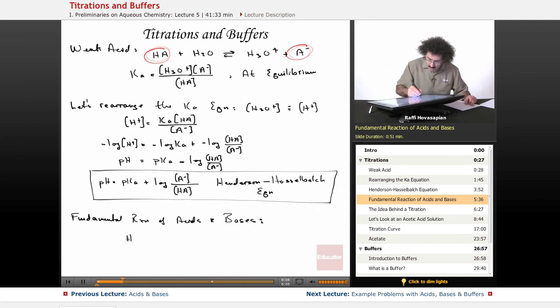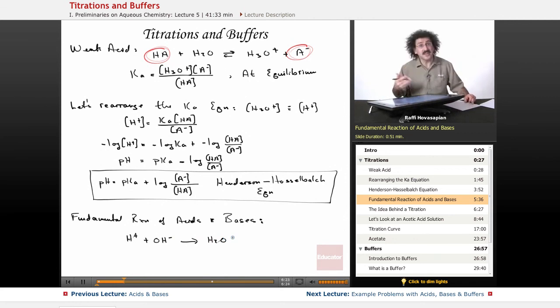Anytime you put an acid together with a base, essentially what you're doing is you're putting an H plus near an OH minus. Anytime an H plus and an OH minus are near each other, they're going to form water. This is the fundamental reaction. This will always happen. Okay, this is the idea behind a titration.